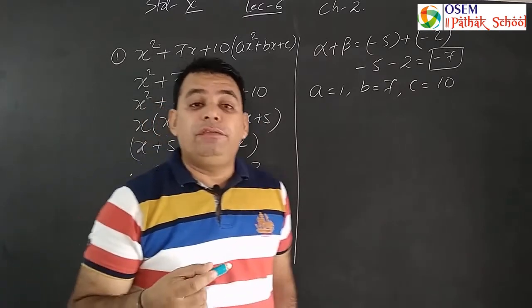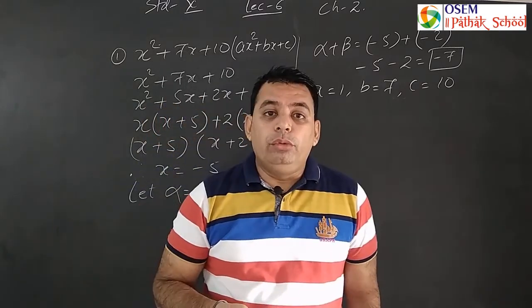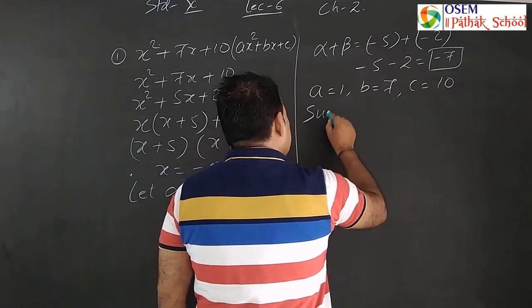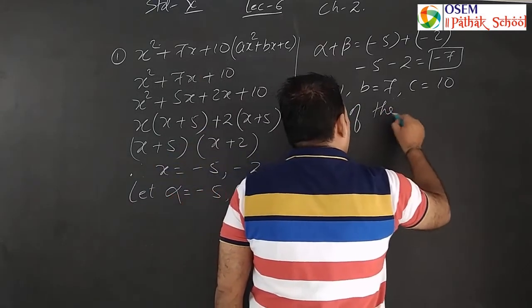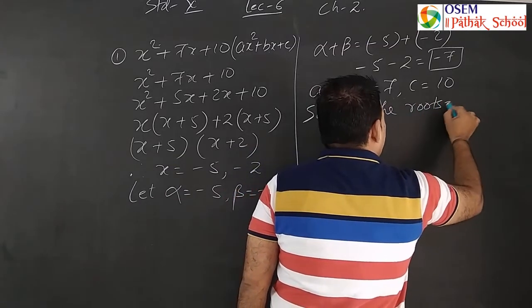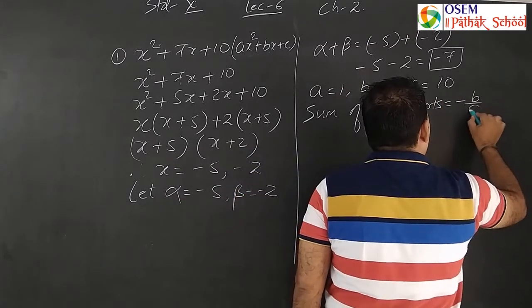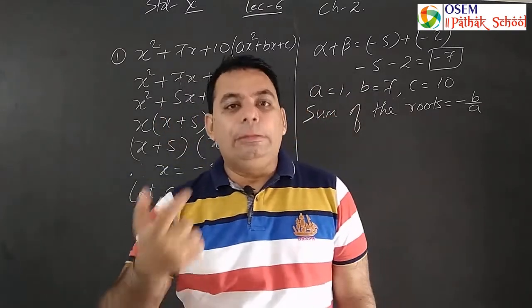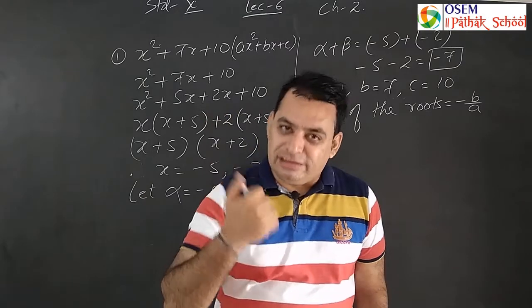Now I am doing the verification. I have explained the formula: the sum of the roots is minus b upon a, that is minus coefficient of x upon coefficient of x square.